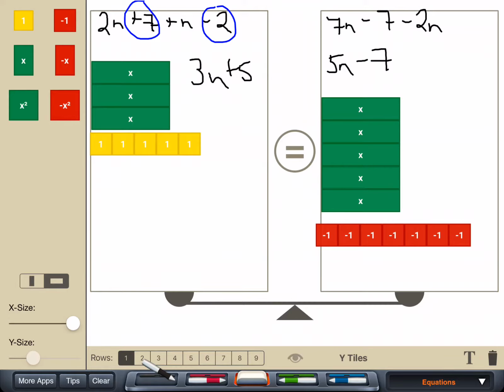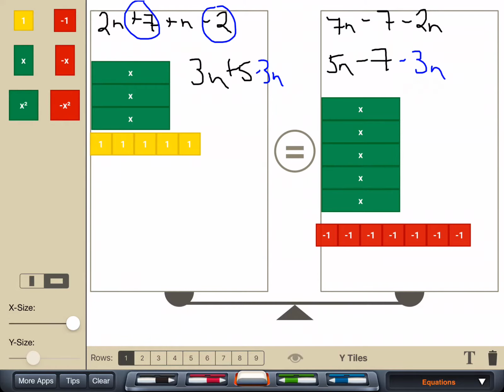Okay, so now I'm looking here and my n term on my right, 5n, is greater than my n term on my left. So it's going to be easier for me to subtract 3n from both sides. So that's what I'll do. I will take out my blue marker and I will subtract 3n here, and I'll subtract 3n here.